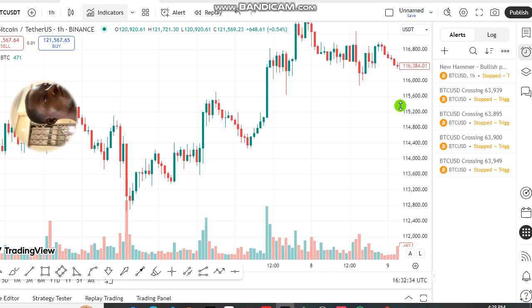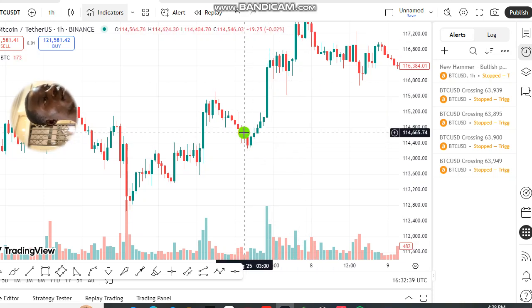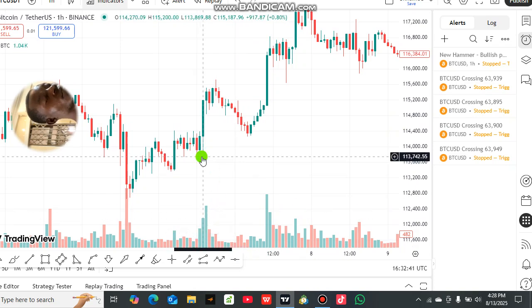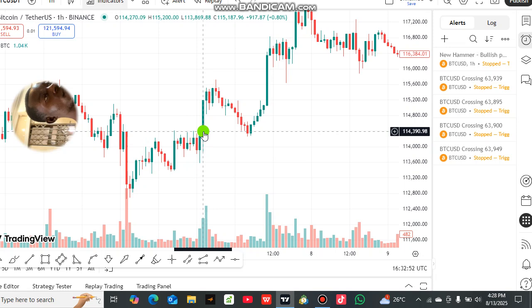First of all, when you look at these charts, I want to use this particular area, for example. We have this bullish candlestick, followed by the next candlestick which is also bullish, and then followed by this particular bullish candlestick. Now if you realize, in between this bullish candlestick and the third one, there is a gap.